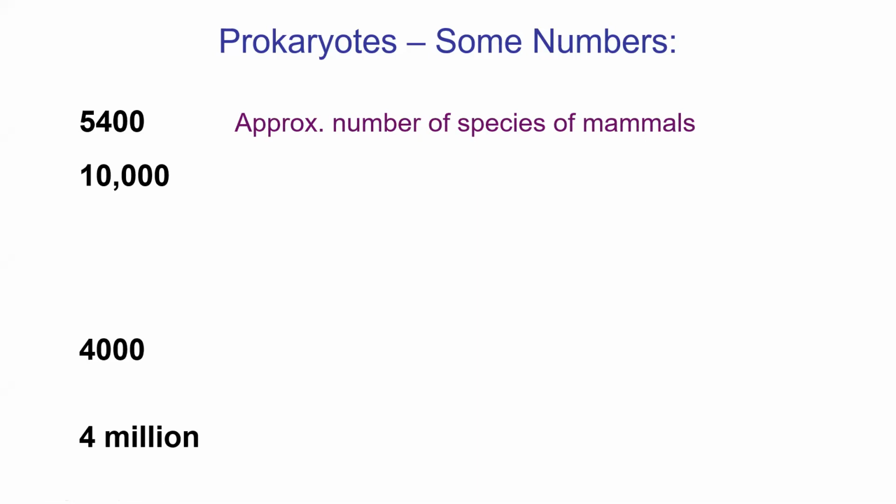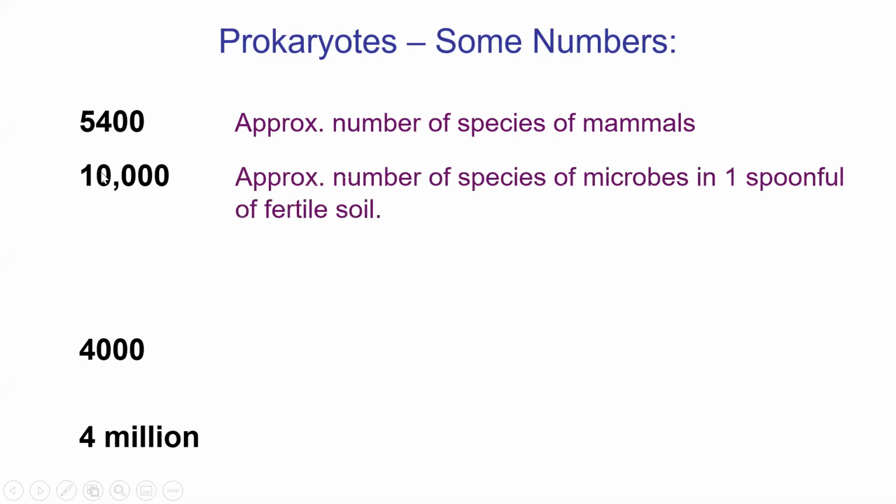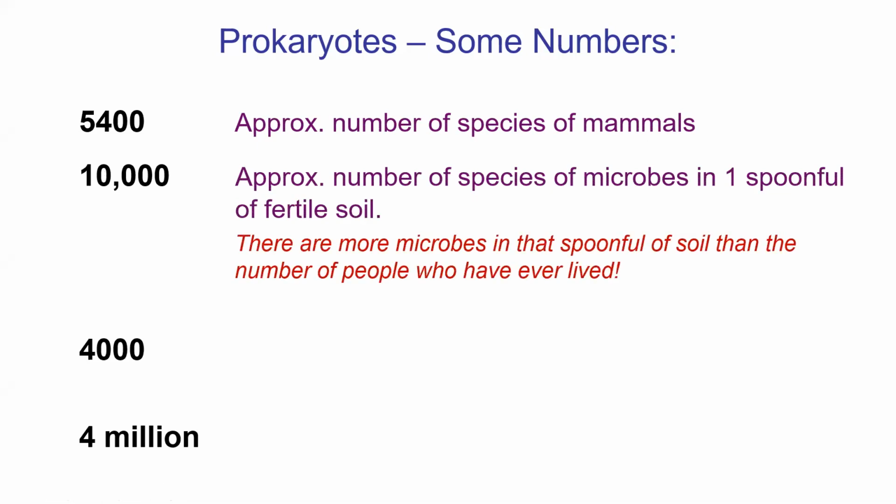Who would know? 10,000. That's about the number of species of microorganisms, prokaryotes, that you find in a teaspoon of fertile soil. More organisms in that soil, more individuals than the number of people who have ever lived. So really, really incredible amount of microorganisms out there in prokaryotes.